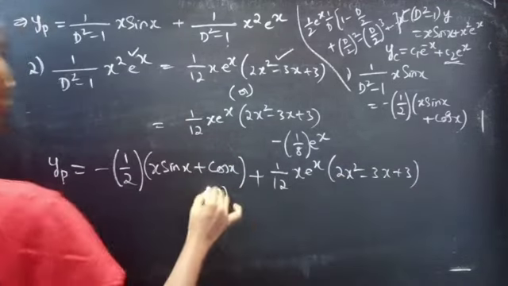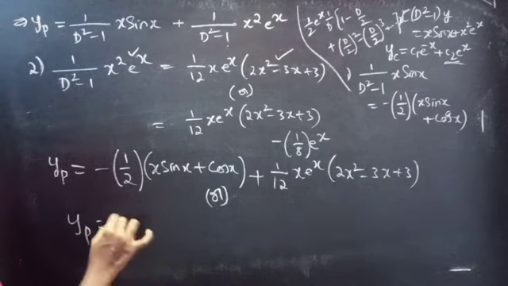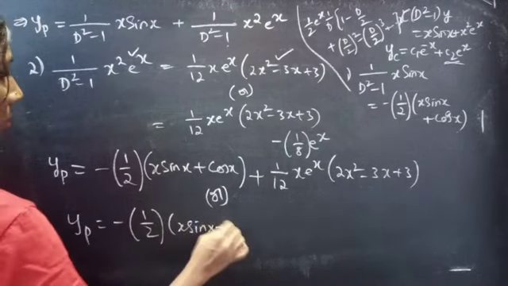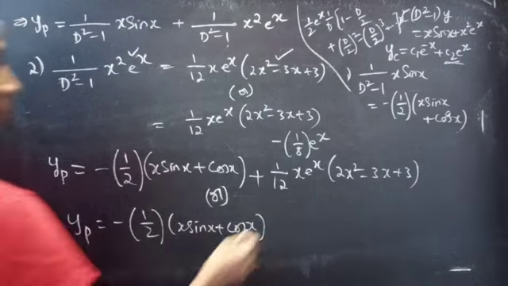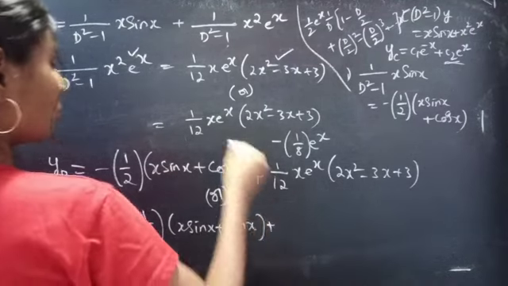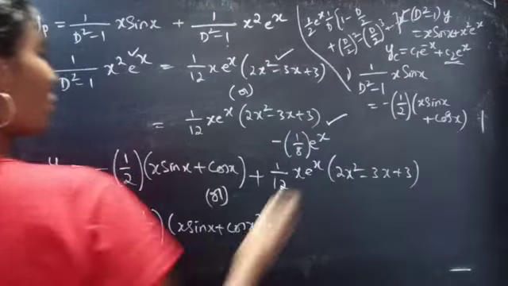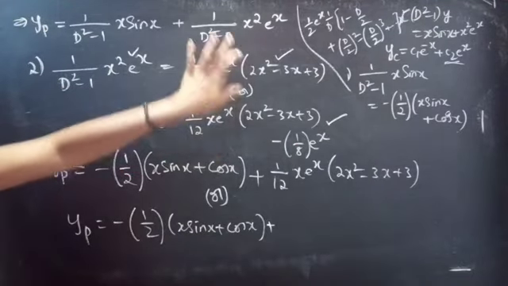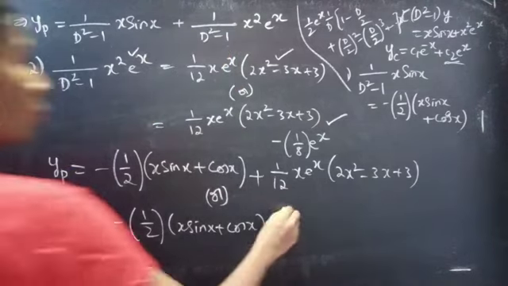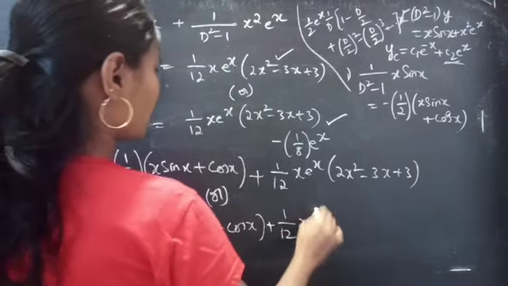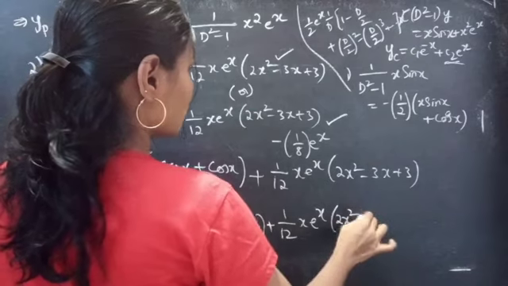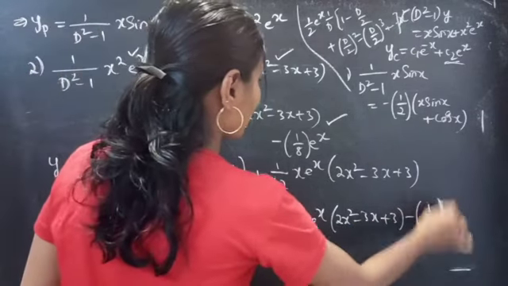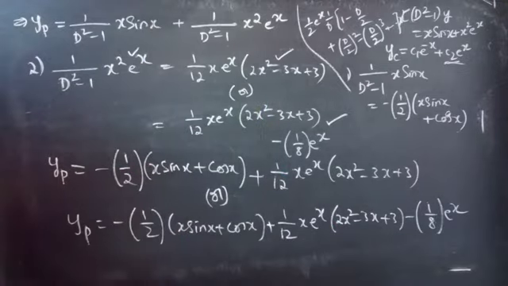Or yp equals minus 1/2 times (x sin x plus cos x) plus the result obtained from the second method of the second term, which is 1/12 x e^x (2x² minus 3x plus 3) minus 1/8 e^x.